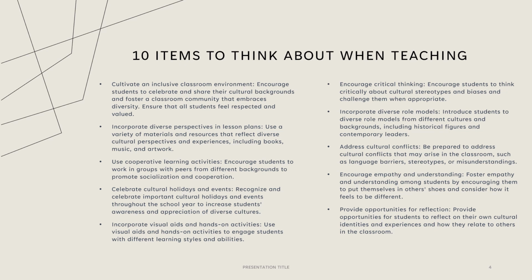Address cultural conflicts. Be prepared to address cultural conflicts that may arise in the classroom, such as language barriers, stereotypes, or misunderstandings. We're going to encourage empathy and understanding. Foster empathy and understanding among students by encouraging them to put themselves in others' shoes and consider how it feels to be different.